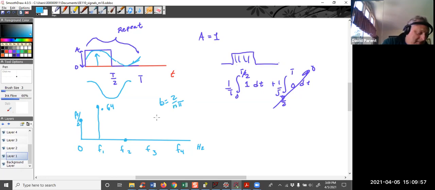Then we have another odd. So 2 divided by pi divided by 3, about 0.21. Oh, drew that in the wrong place. F4 is 0. And I'm just going to squeeze F5.